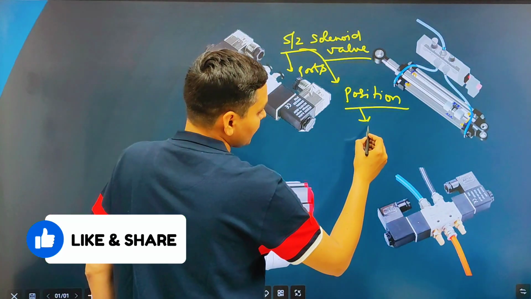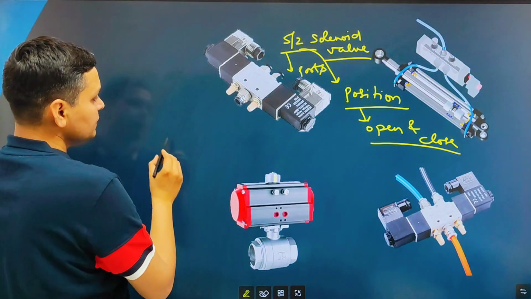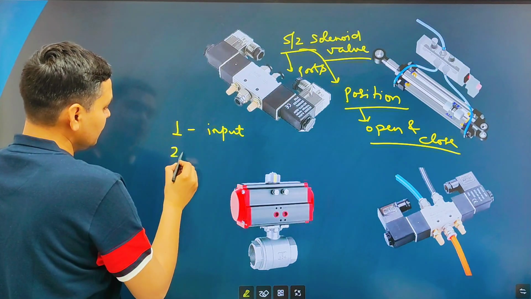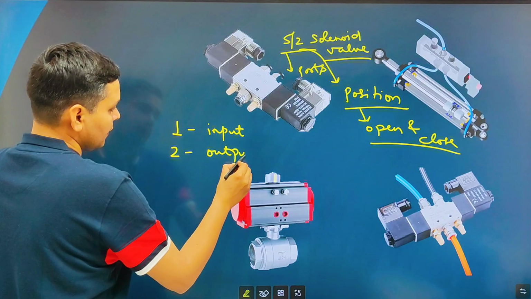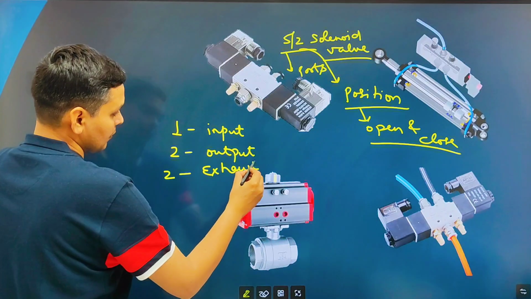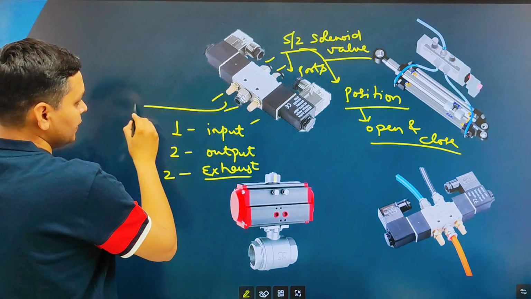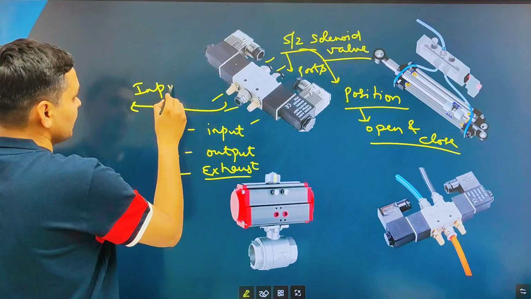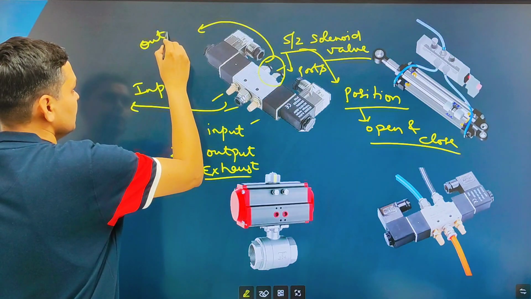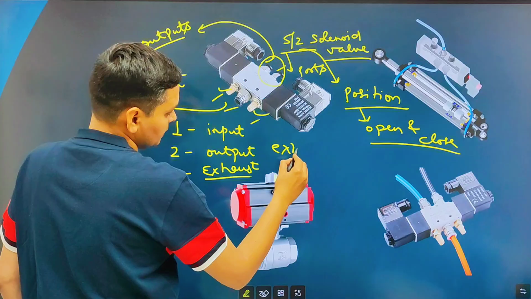Position is the same, open and close. 5 ports means 1 port is for input, 2 ports for output, and 2 ports for exhaust. 1, 2, 3, 4, 5. Here this one is input. These two are outputs, and these 2 ports are exhaust.